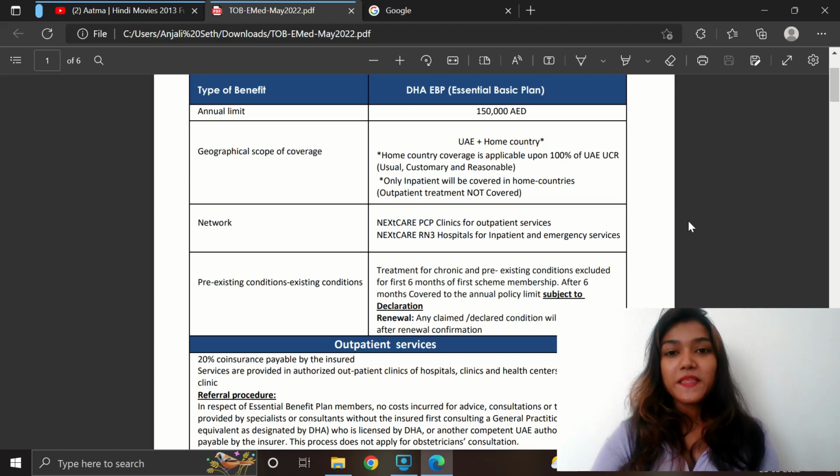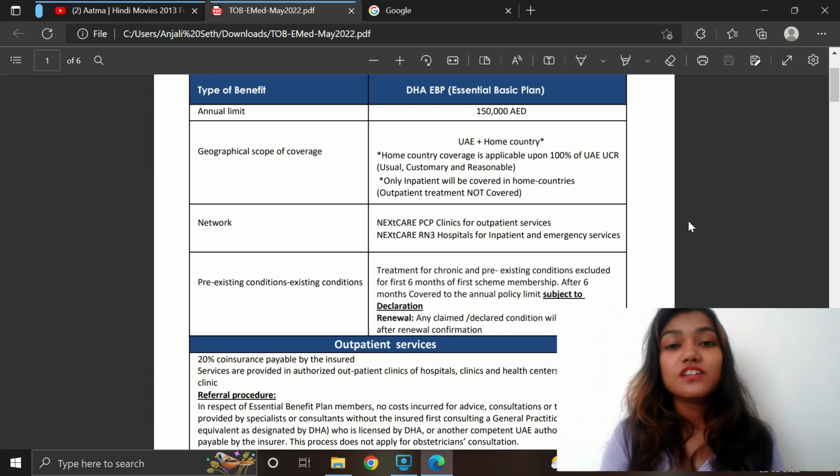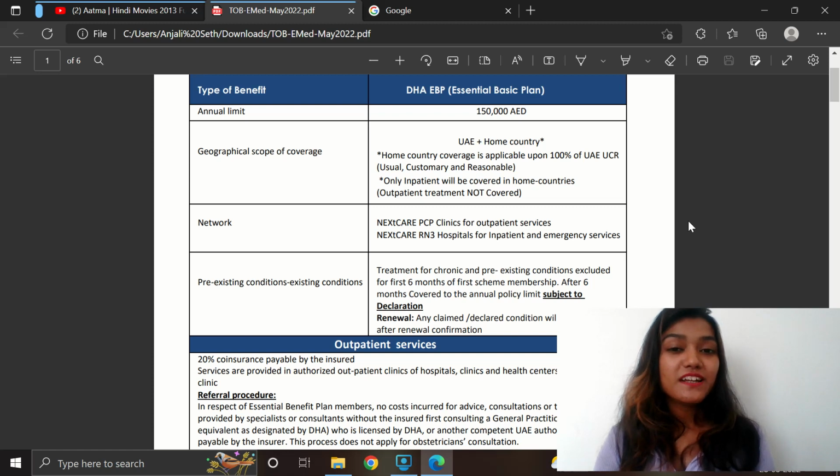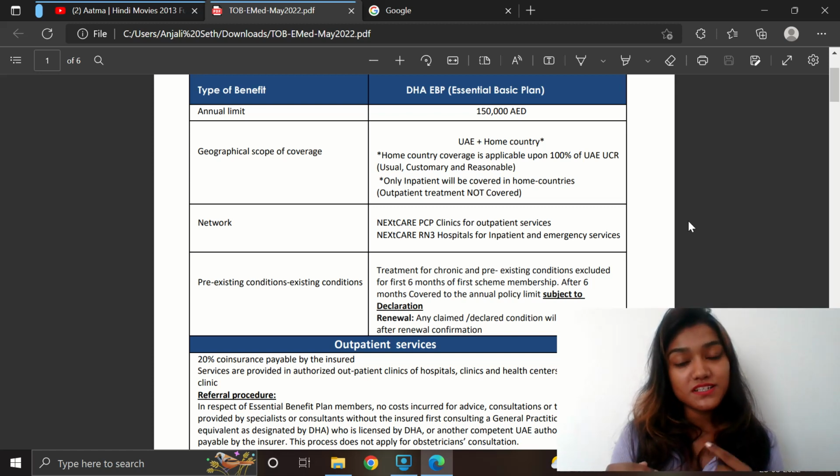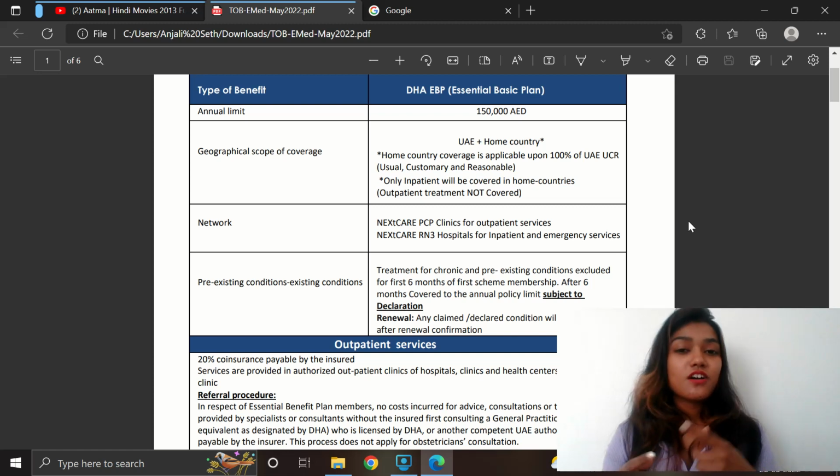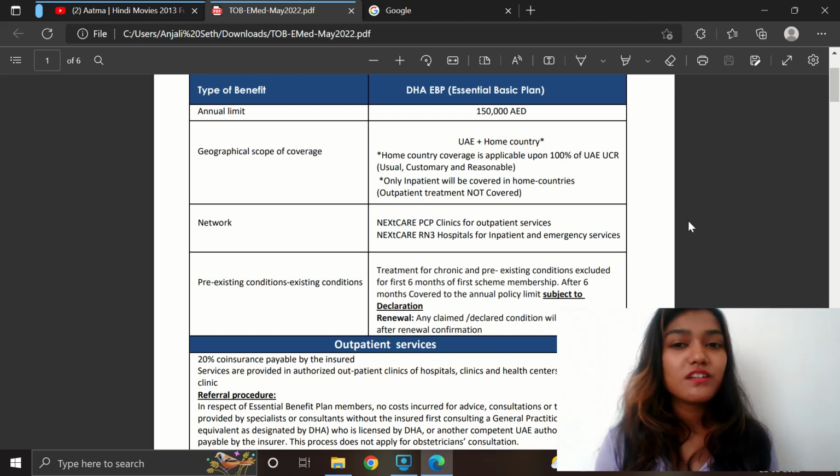Then RN3 is the list of hospitals. You will see which hospital is nearest to your area or convenient for you. You can just go there in your emergency case.